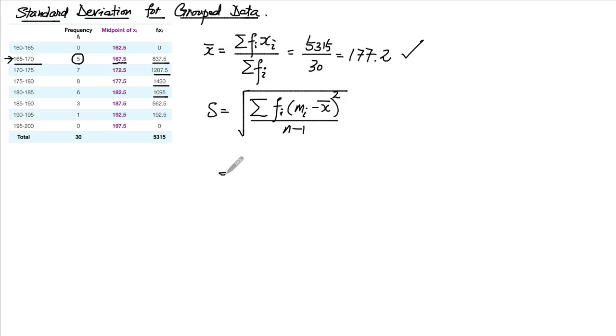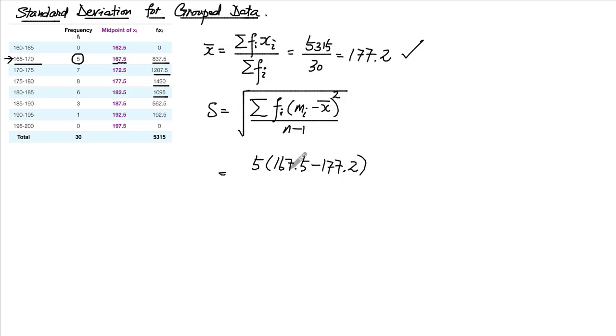Applying this formula to our data set, for the first bin, we have 0 frequency, so the first term ends up being 0. In the second bin, we have a frequency of 5. The midpoint is 167.5, and that midpoint deviates from the mean of 177.2 by this amount in the brackets, or 167.5 minus 177.2.